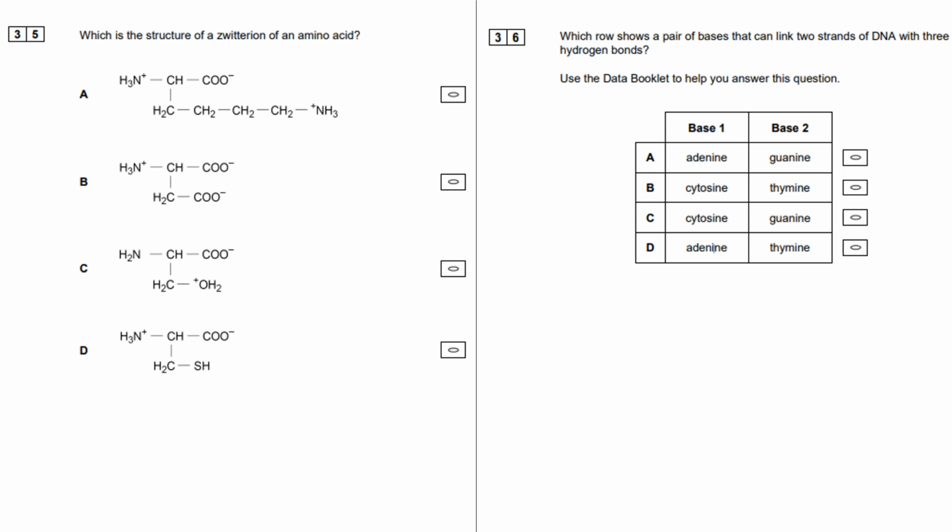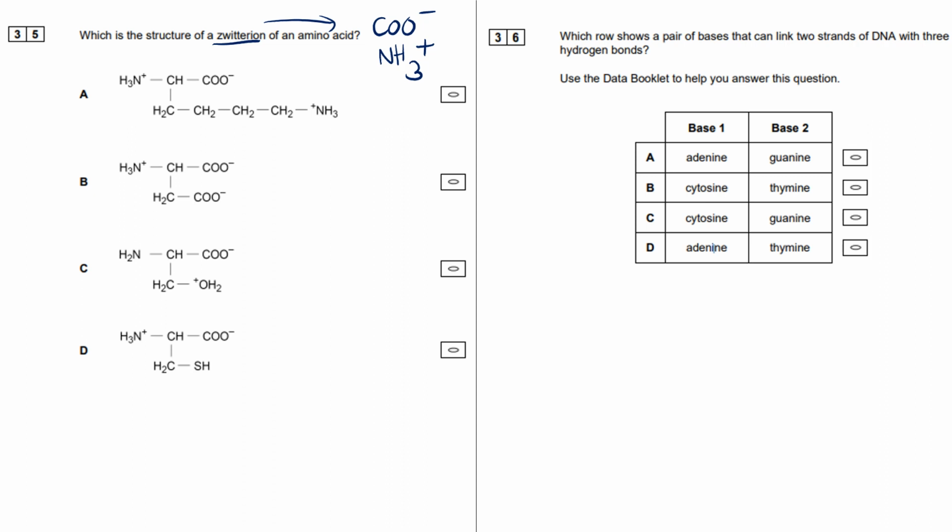Question 35. What's the correct structure for a zwitterion of an amino acid? So for it to be a zwitterion, it's going to need no overall charge, where the COOH becomes COO minus. It donates its proton to an adjacent amino group, where the NH2 becomes NH3+. So going through the options here, which one is a zwitterion?